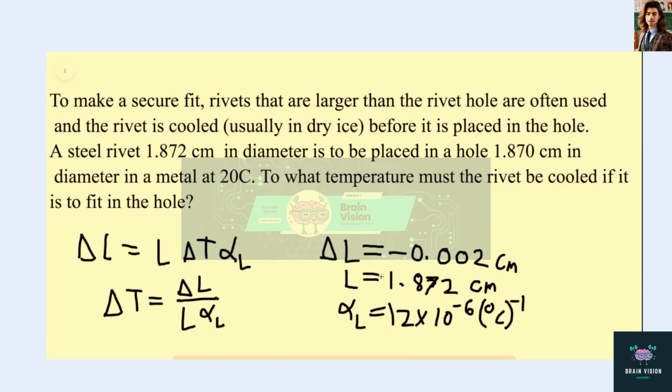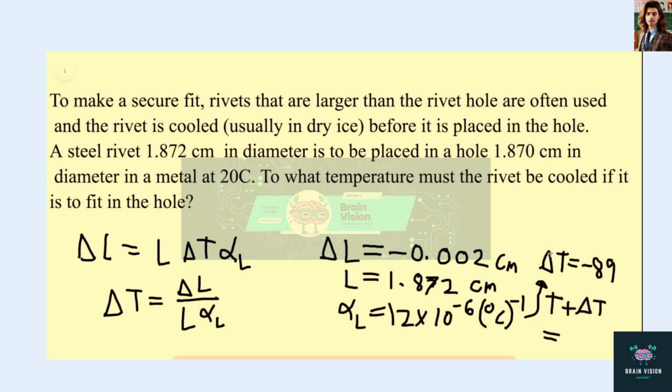And so substituting these three values into this equation gives us a delta T of minus 89. T plus delta T equals T final.